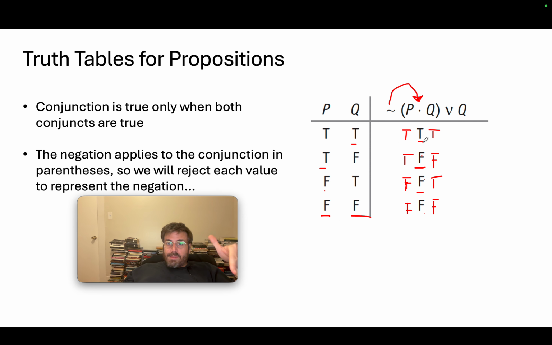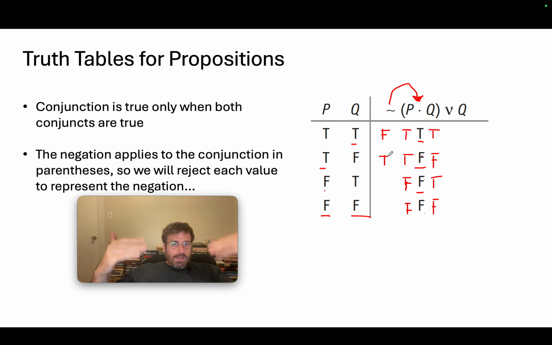So what is the first value for dot? It's true. The negation of true is false. So the first value for tilde is false. If we go down to the second row, I see that the value for dot is false. So the negation of a false dot is true. The second row of tilde is true.